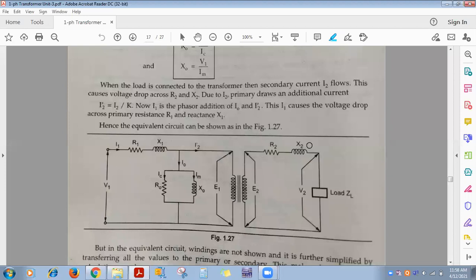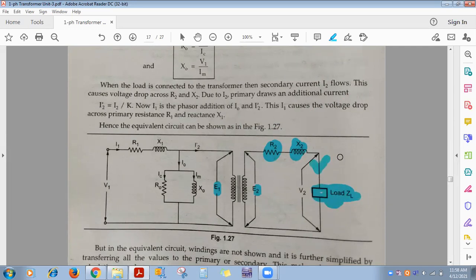Equivalent circuit of transformer. Any difficulty with this? Again, on the secondary side, E2 is the mutually induced EMF, E1 is the self-induced EMF, R2 is the secondary winding copper resistance, X2 or XL2 is to consider the effect of leakage flux on the secondary side. This is the load impedance, ZL or Z2 also you can mark.